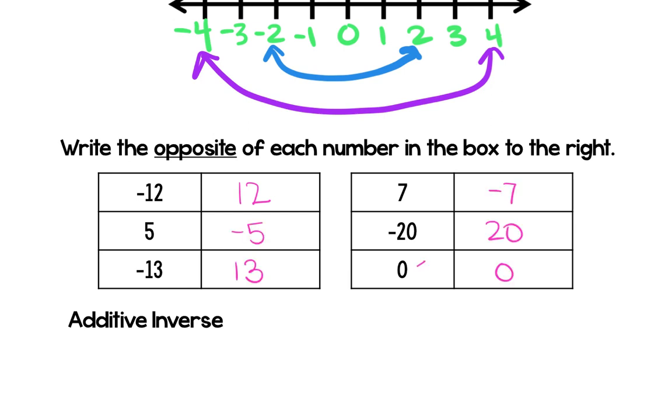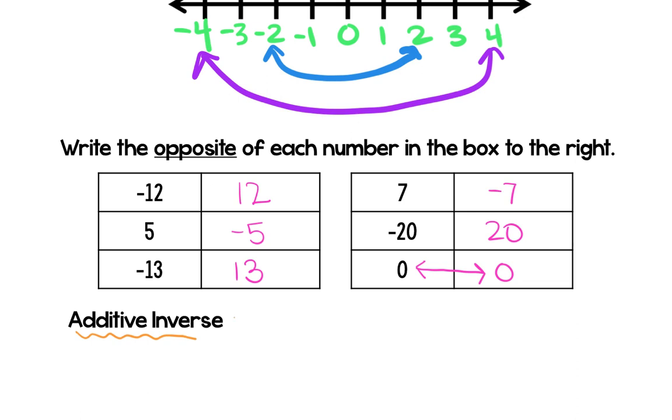Here are the answers. The interesting thing right here, 0 doesn't have an opposite because if you think about that mirror, that is the point where the reflection is. So 0 is just 0. Additive inverse is a term that you need to know. It's just what you add to a number to get to 0.